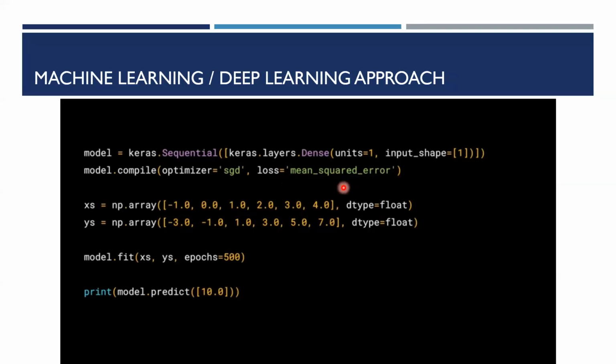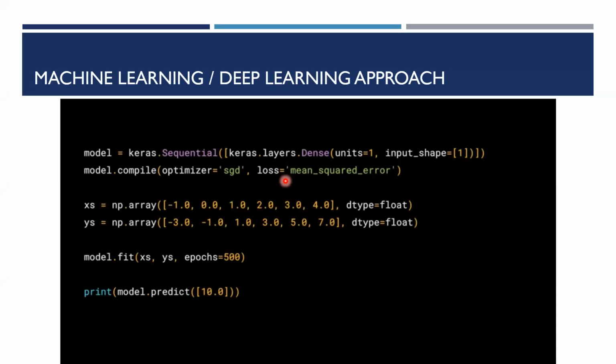When it is predicting something wrong, we need to have something called a loss function. This loss function will calculate the error from the expected value. There are different types of loss functions that you can use. In this particular case, because this is a regression, you are using mean squared error as the loss function.